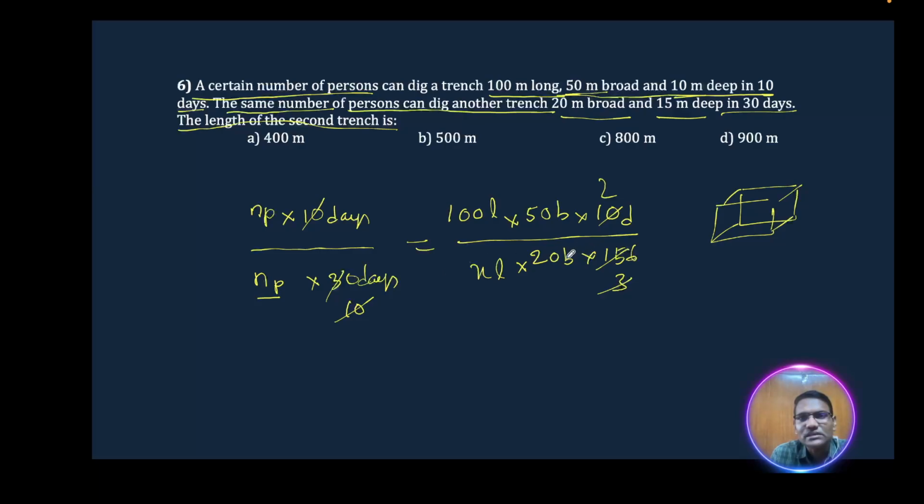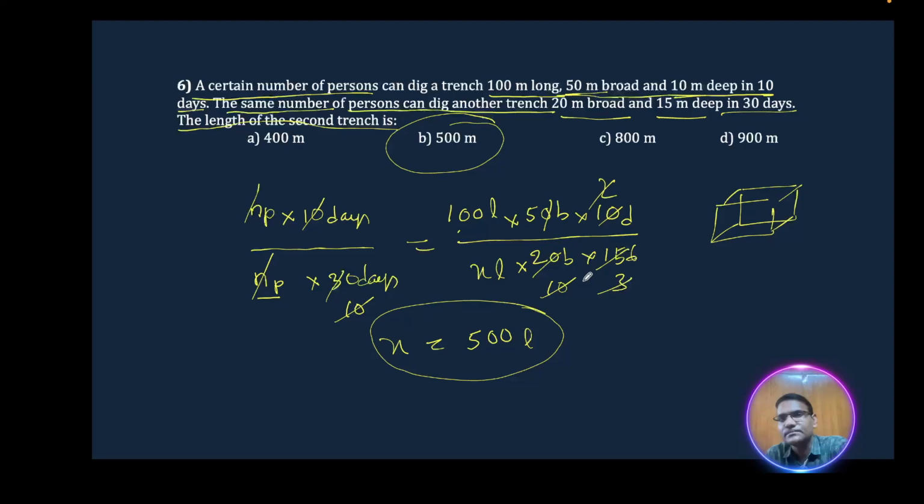Now 5 into 100, 5 times. Now x equal to, after simplification, n will anyway cancel, 100 into 5, that is 500 is the length of the second trench. Okay, so don't worry about L, B, D values, those all are going to be cancelled. So x equal to 500 meters length. So this is the solution.